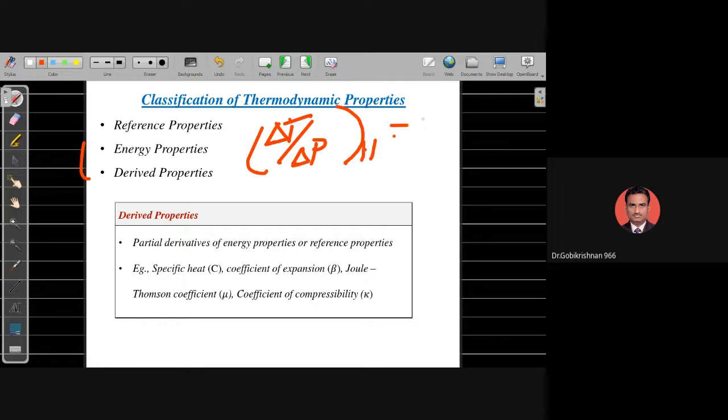This is nothing but the Joule-Thomson coefficient. This is derived from the fundamental properties like temperature and pressure. Since it is derived from the fundamental properties, the Joule-Thomson coefficient can be called a derived property.